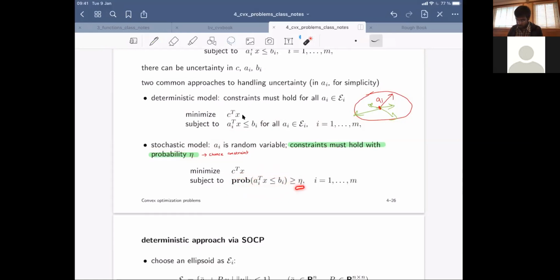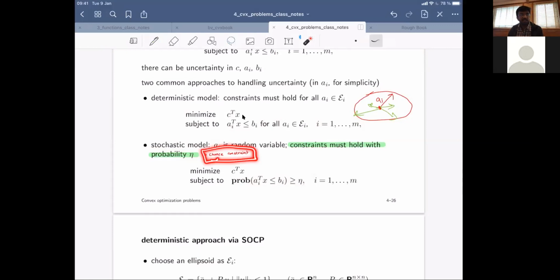So this is a probability. If I say that it has to be half, that means in 50% of cases this is going to be violated. That's the key. This is called a chance constraint in optimization, where you have a constraint that is satisfied with a probability.